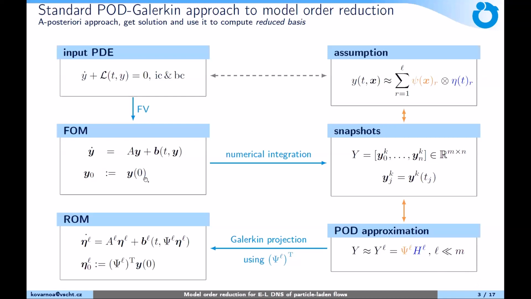We then can use this matrix psi as a projector and project this full order model onto a lower dimensional subspace where our new variables of interest are these etas, and this reduced order model is much smaller and much less computationally expensive.